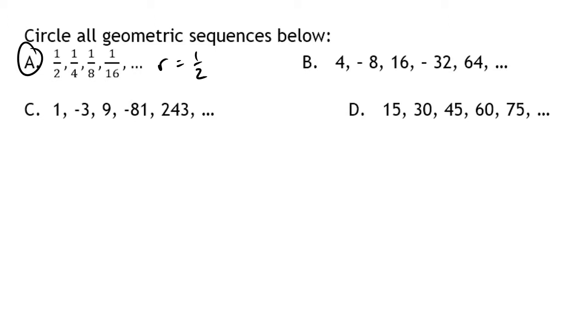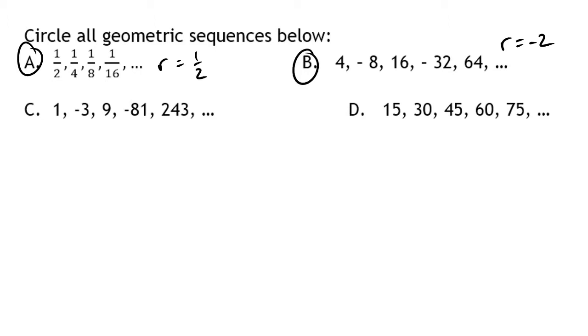For B, I go 4, 8, 16, 32, 64. The common ratio would have to be -2, because I'm alternating between positive and negative. So 4 times -2, 8 times -2, 16 times -2, etc. So this is also geometric.